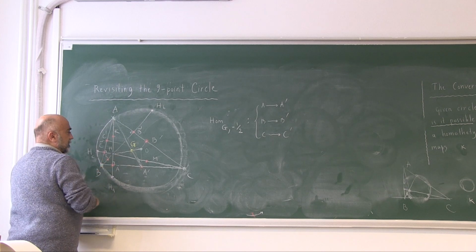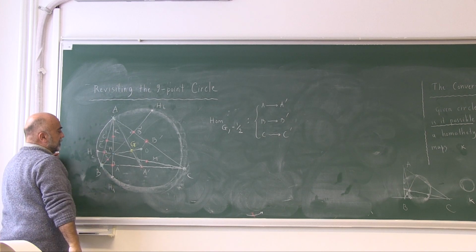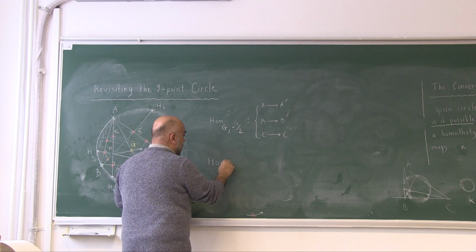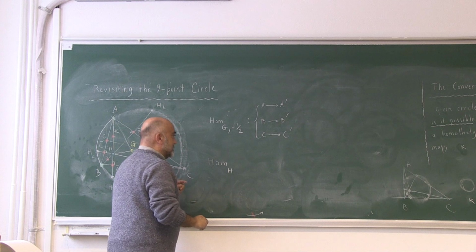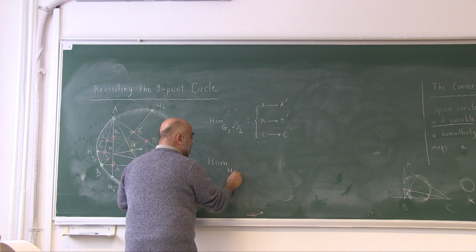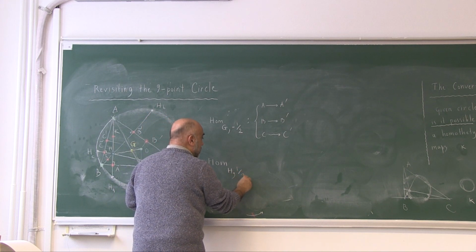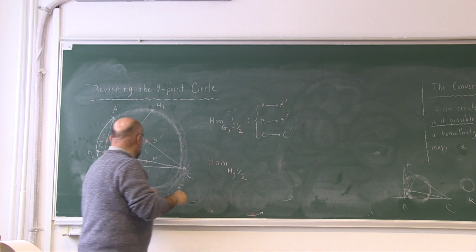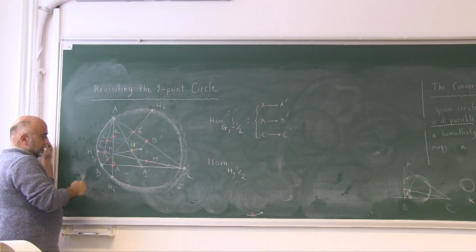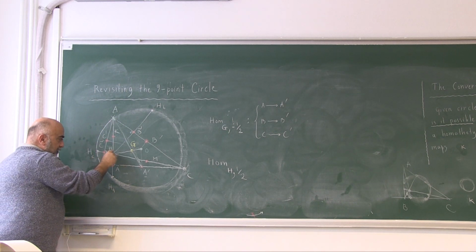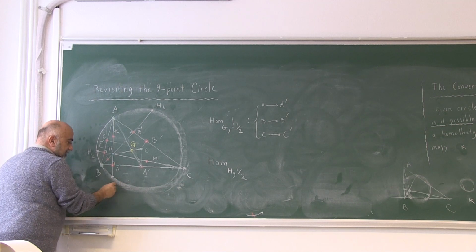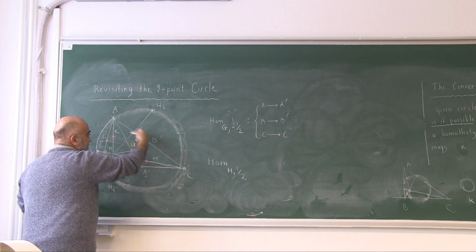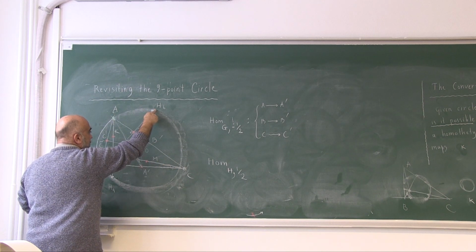Now if I use H as center of homothety, and if I take the ratio of similitude a half, not minus a half, but plus a half, let us see what happens. Remember, the reflection of H in BC is HA and it's on the circumcircle. The reflection of H in CA is on the circumcircle.